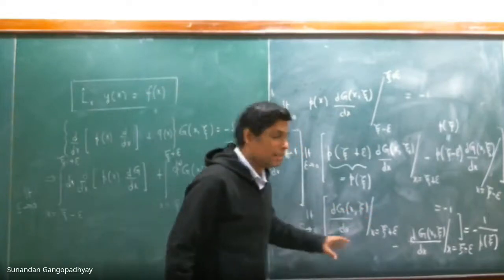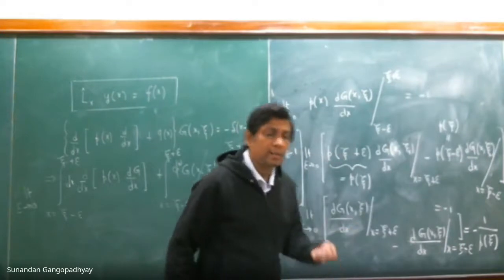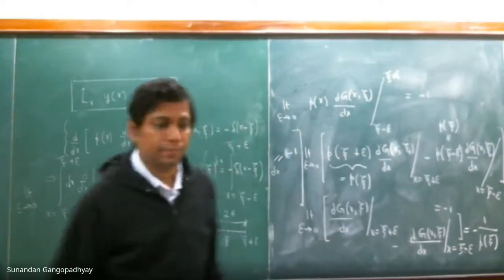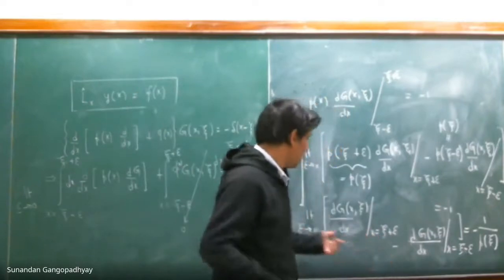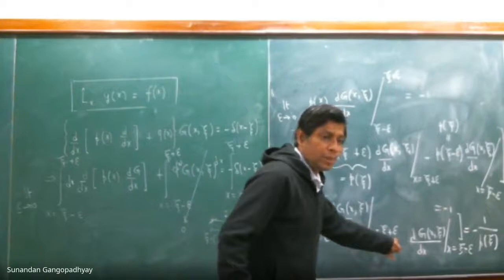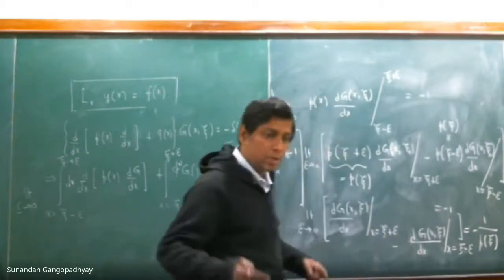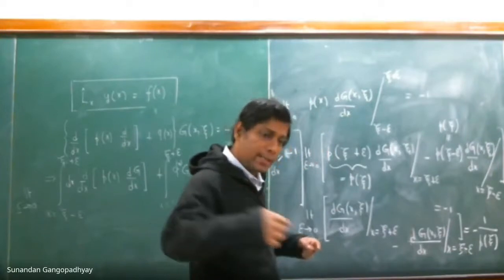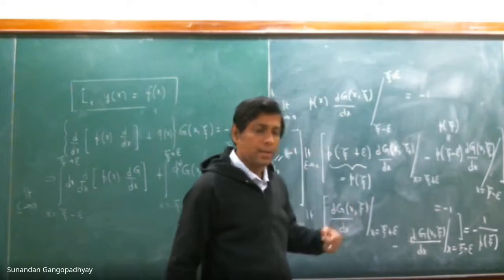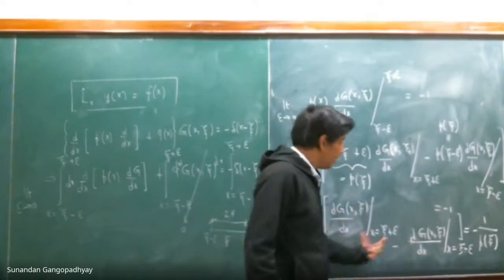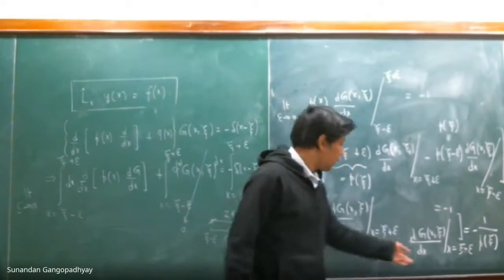So you can see that the derivative of the Green's function g is not continuous at the point x is equal to xi. When you take epsilon going to 0 limit, for the first term you approach the point xi from the right hand side, and for the second term you approach the point xi from the left hand side. The value approached from the right hand side minus the value approached from the left hand side are not equal.